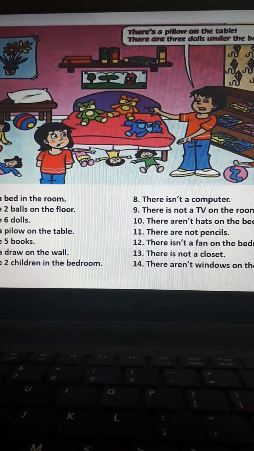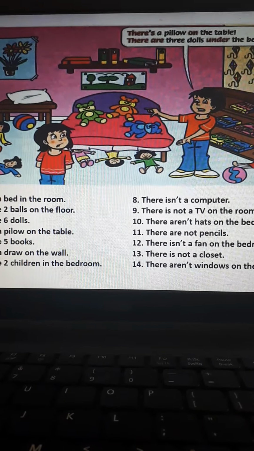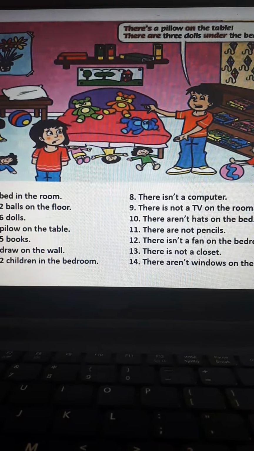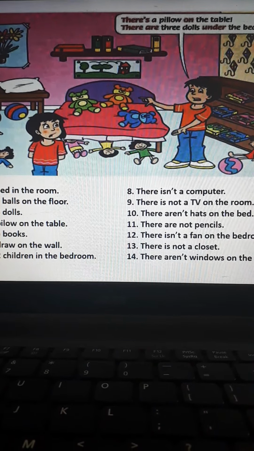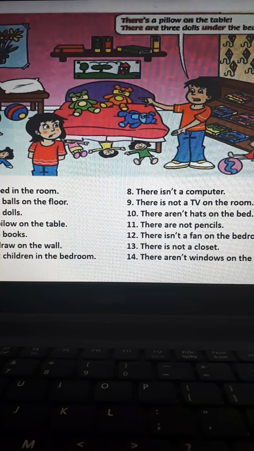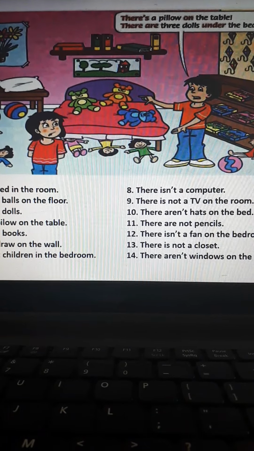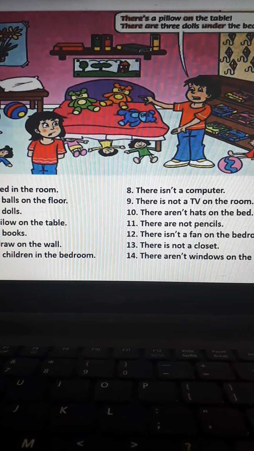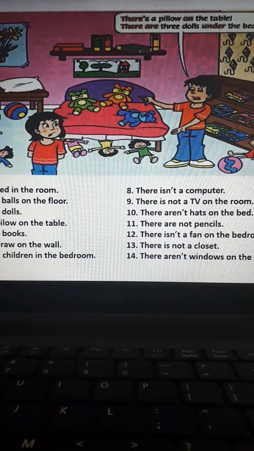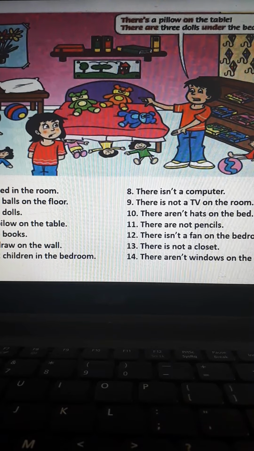Now we can have negative statements, okay? The negative of is, you already know that, is not, or isn't, the contracted form. The negative of are is are not, full form, or we can use a contracted form, aren't.